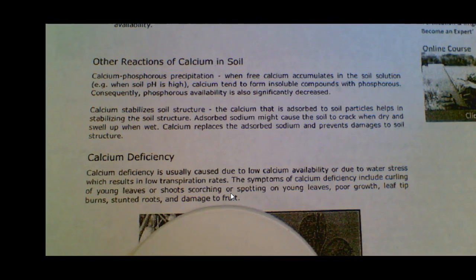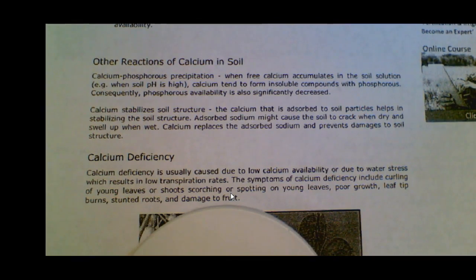And usually the most common way to get a calcium deficiency is by having low calcium availability or water stress, which results in low transpiration rates, so it can't take up the calcium. So your symptoms of calcium deficiency would include curling of young leaves or shoots, scorching or spotting on young leaves, poor growth, leaf tip burns, stunted roots, damage to the fruit.